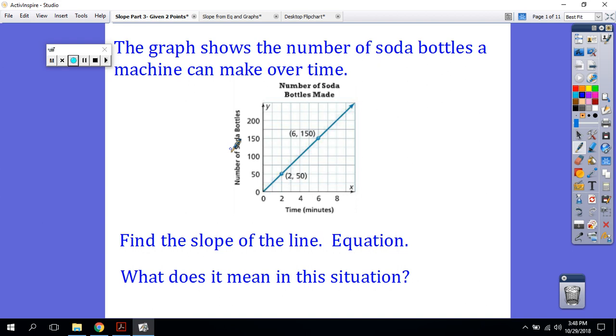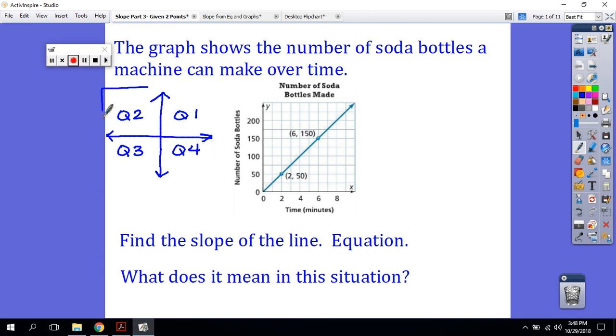All right, the first 2 examples on here are a continuation from what we just did. But these graphs are a little different. On the previous graphs that we looked at, they gave us the full coordinate plane. They showed us quadrant 1, quadrant 2, quadrant 3, and quadrant 4.